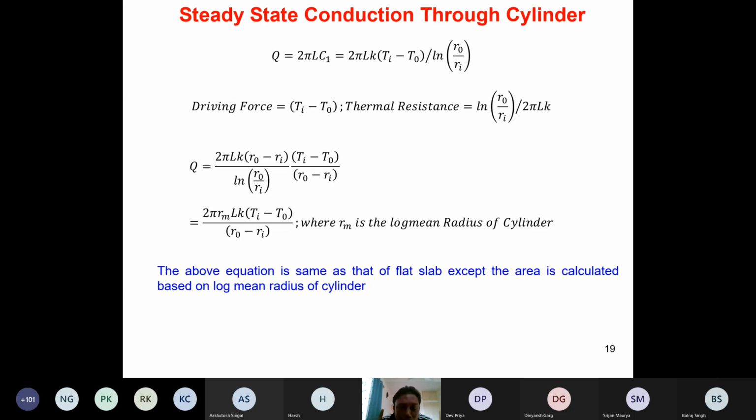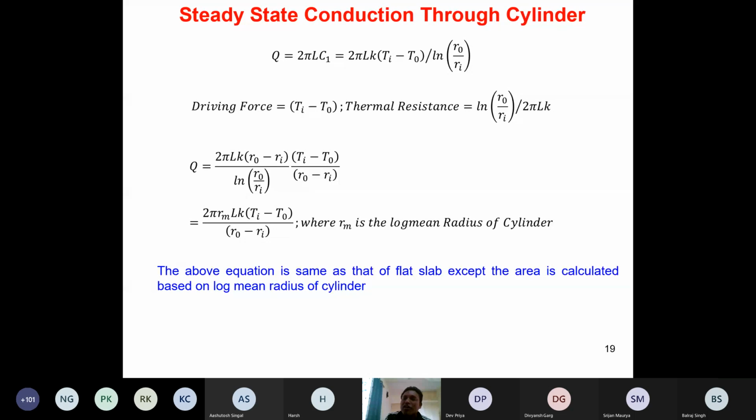So area into K into delta T divided by thickness of the cylindrical slab. This equation will be similar to the expression which we have seen for the flat slab.